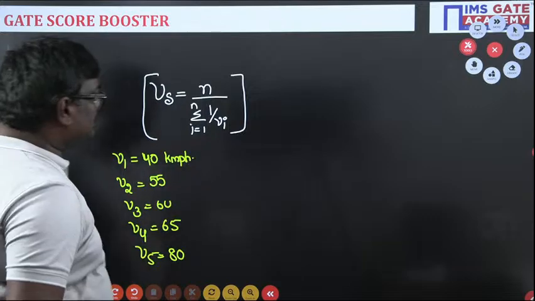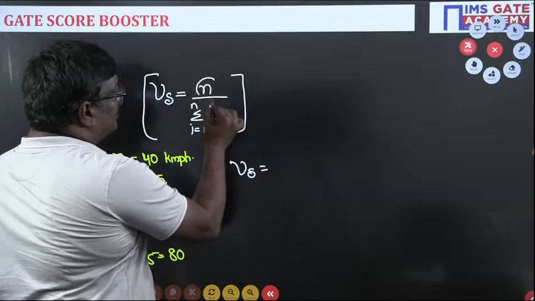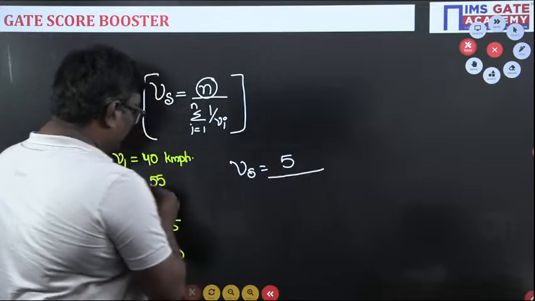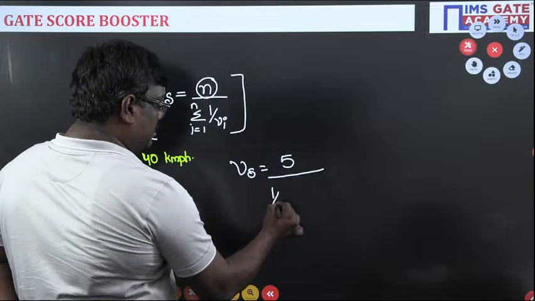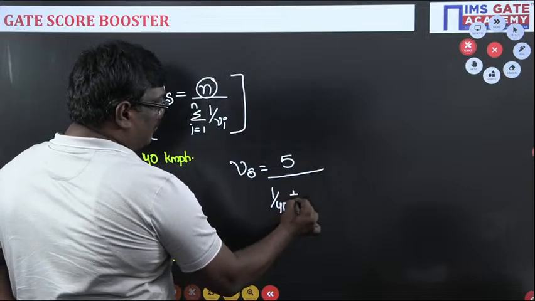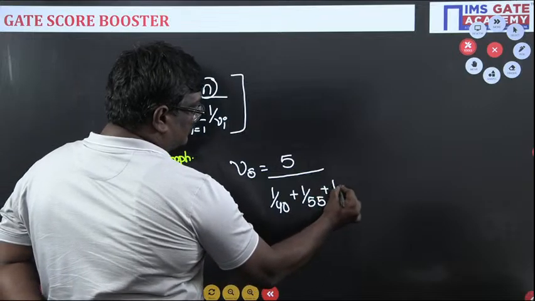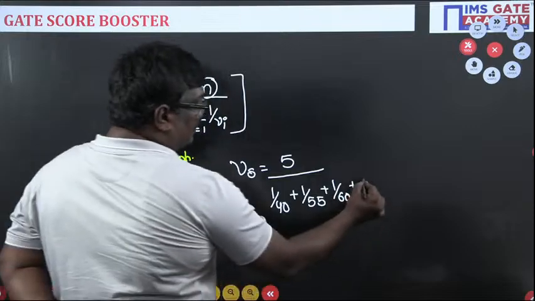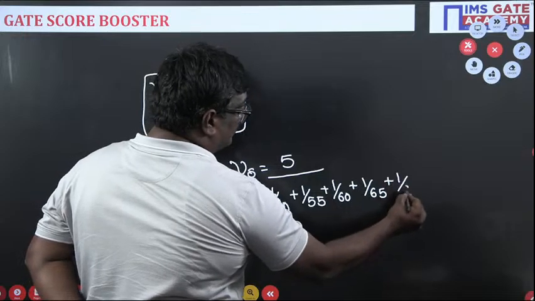Now see students, if I talk about the space mean speed, how many numbers are there? Here there are 5 spot speeds. So 5 upon 1 by 40 plus 1 by 55 plus 1 by 60 plus 1 by 65 plus 1 by 80.